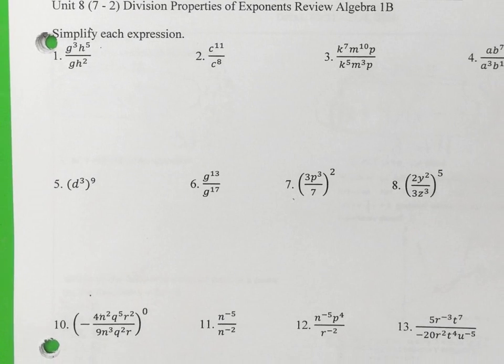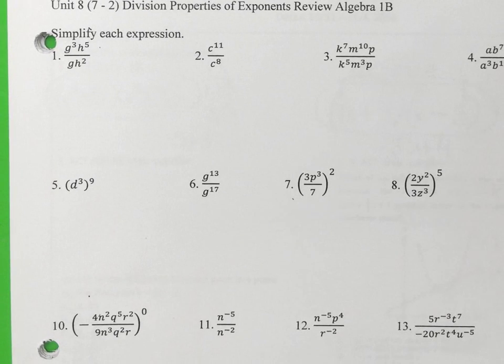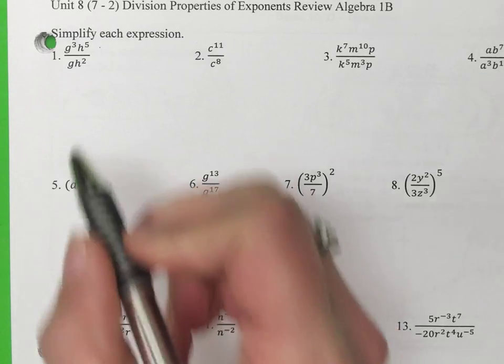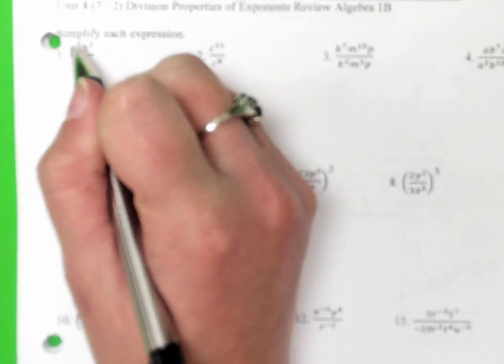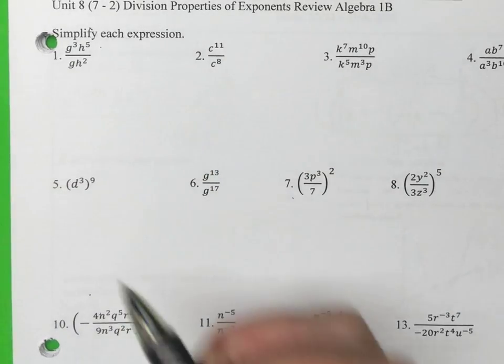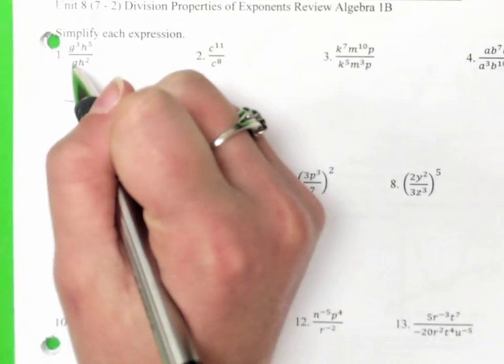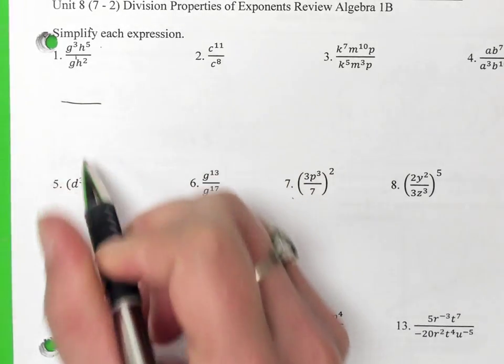Number 1. All right, when you divide the bases, what do I do to these little numbers? You subtract. Here we go. Draw your bar. G to the 3 minus G to the 1.